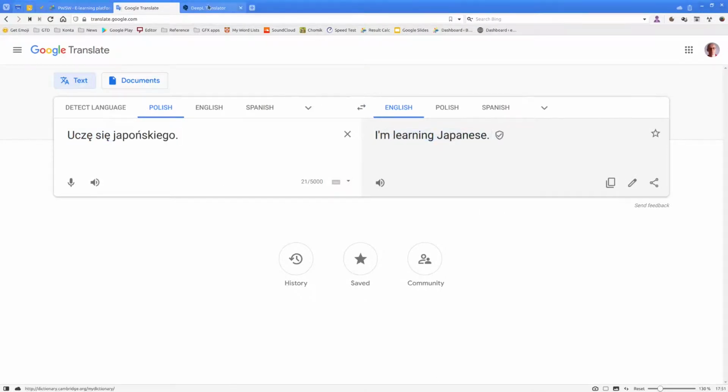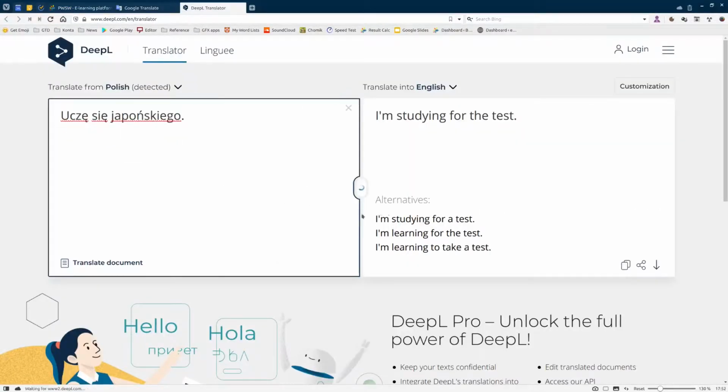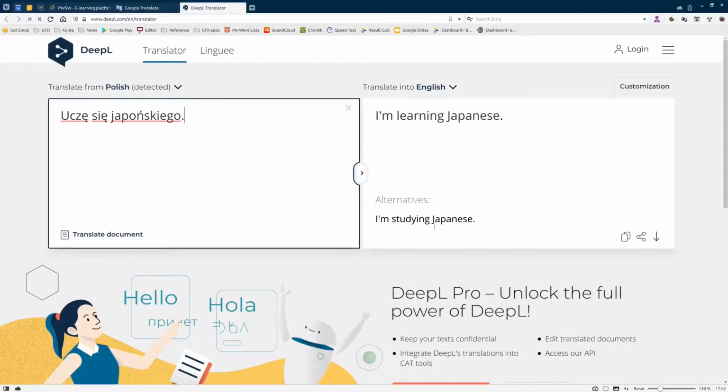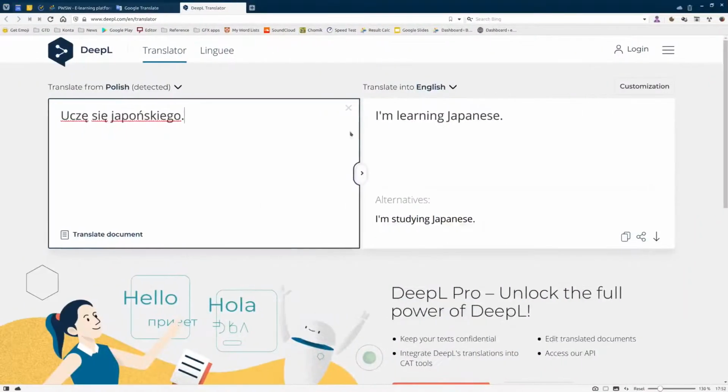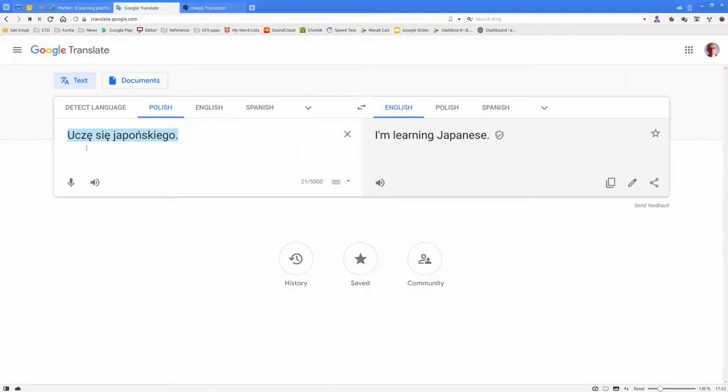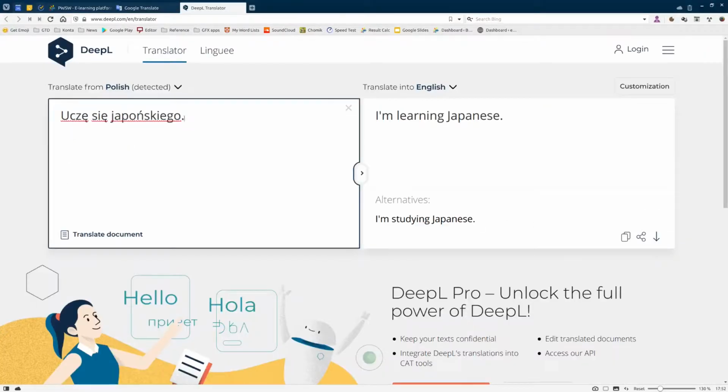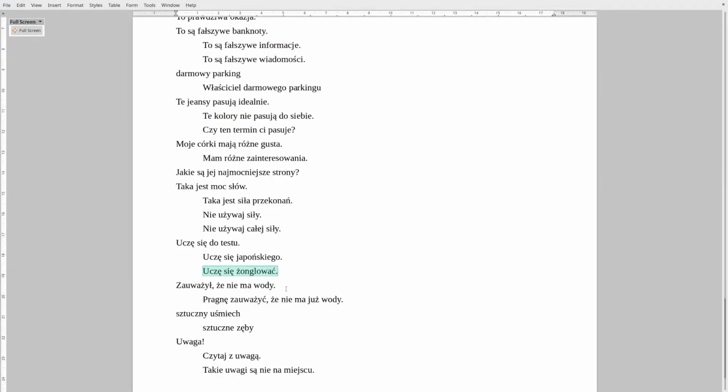I'm learning Japanese. I'm studying Japanese is also possible. But if we say uczę się żonglować, I'm learning to juggle. Because with the infinitive, we need to use learn.